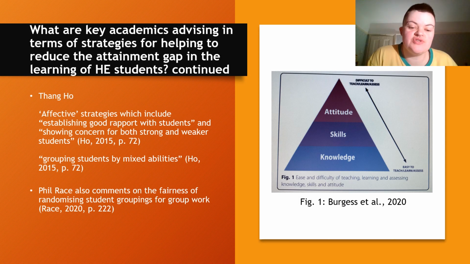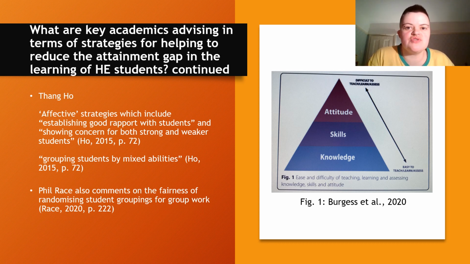What else can we do to try to reduce the attainment gap among HE students? So Tang Ho mentions effective strategies, which include establishing good rapport with students and showing concern for both strong and weaker students.